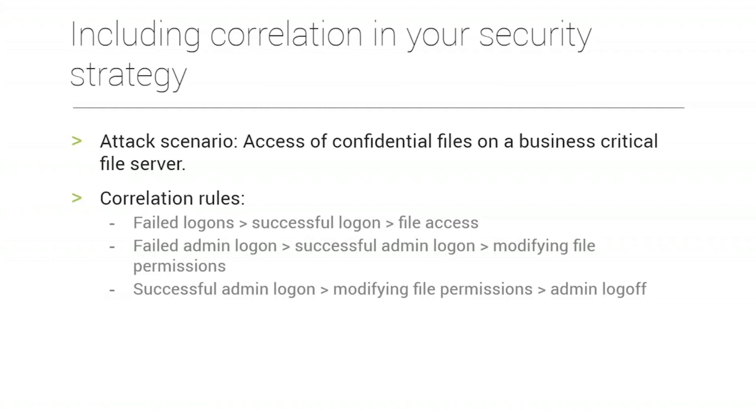Okay, so you can set up correlation rules in several ways. Once you identify the various ways that your critical resources can be accessed, of course this is like a second stage. It might be too much of a pain to sit and think of hundreds of attack scenarios and build correlation rules for them.